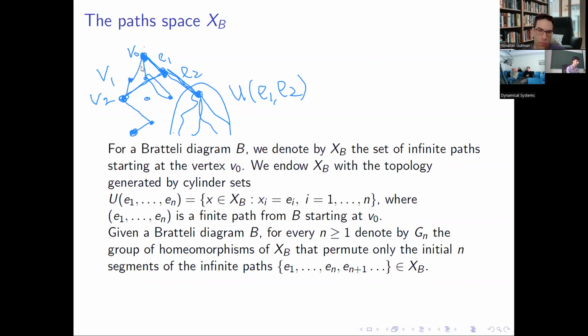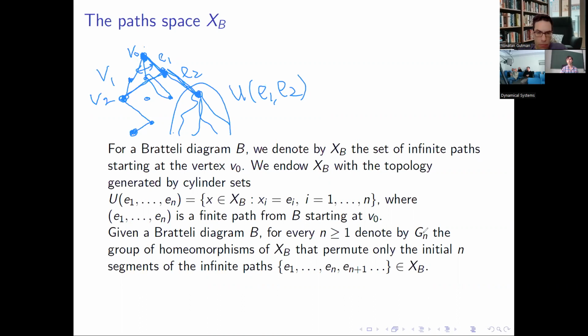For instance, we can interchange these two paths, one going this way and another going this way. The other edges we don't change. So we're allowed to change only the first n edges of the path.